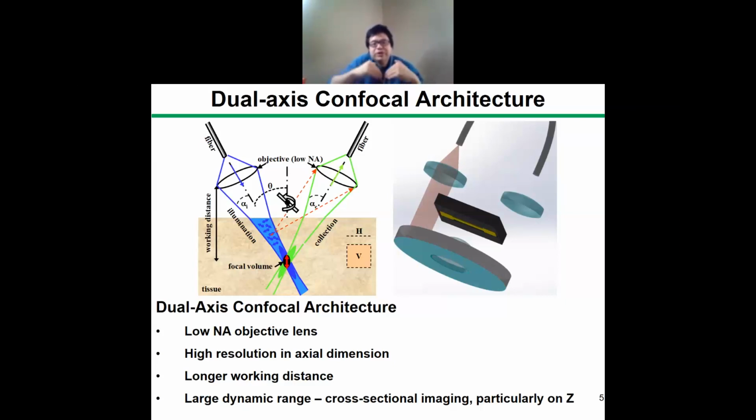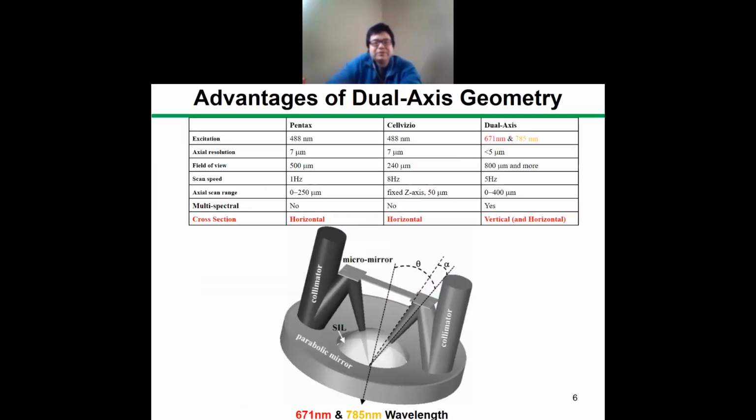You also potentially get a longer working distance with post-objective scanning. Another benefit of this architecture is that you potentially get a lot of travel on the Z if you move the device in the vertical direction.